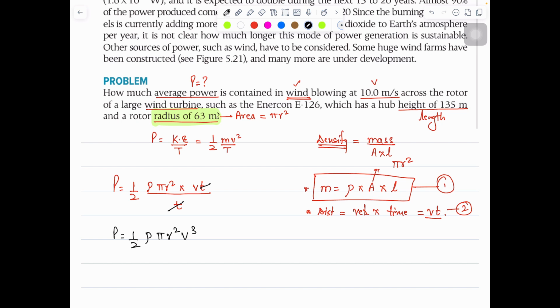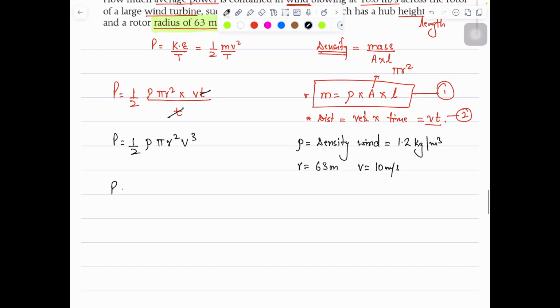Now everything we know. First thing, this is called density. Whose density? Density of wind, which is a fixed value, 1.2 kg per meter cube. Second thing, pi we already know, radius is 63 meter and the velocity is 10 meter per second. Place all the values. Half times rho is 1.2, pi, r square is 63 square, velocity is 10 cube.